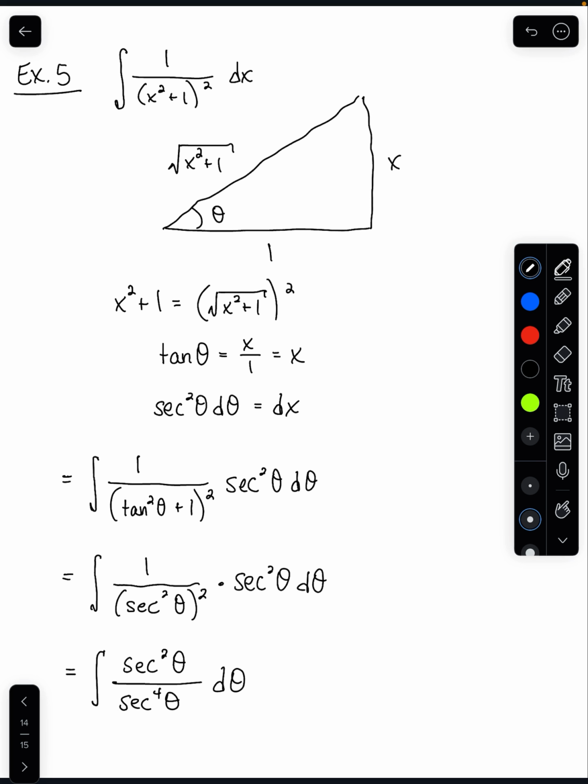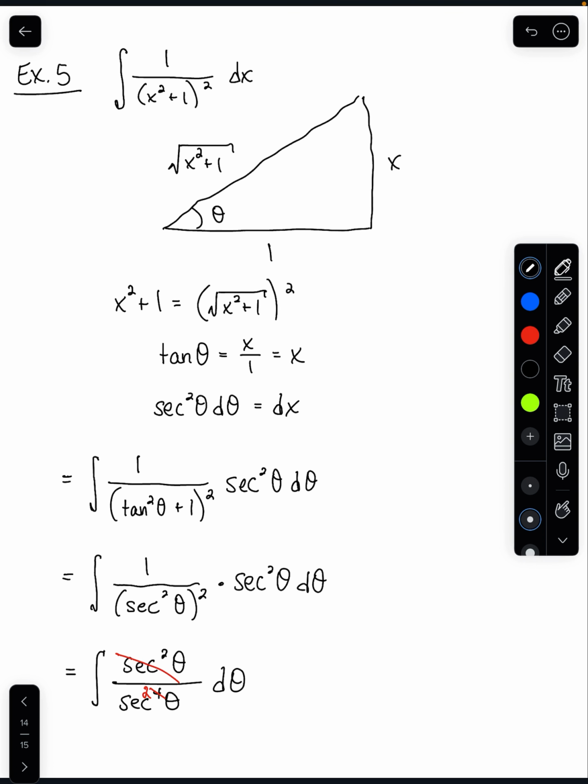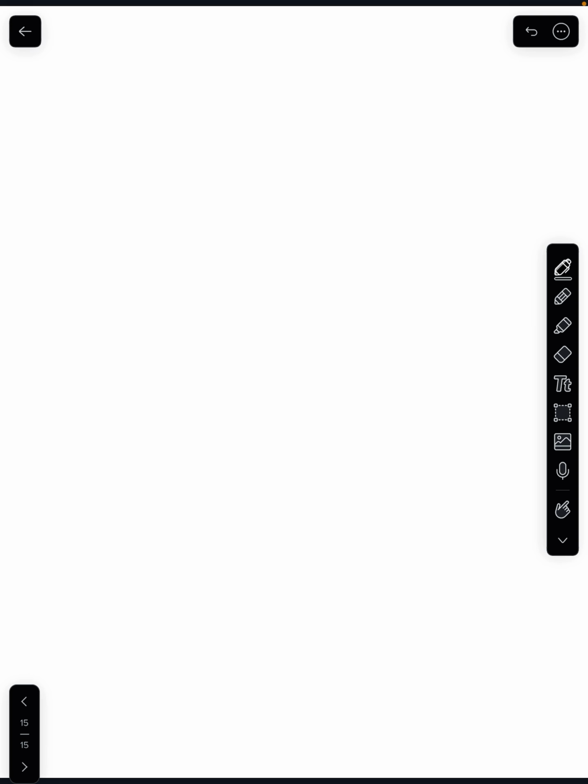And of course, then, with powers of secant in the numerator and powers of secant in the denominator, we get some very obvious and simple simplification. So that we are left with 1 over secant squared theta. This is perhaps most easily rewritten as simply cosine squared of theta.